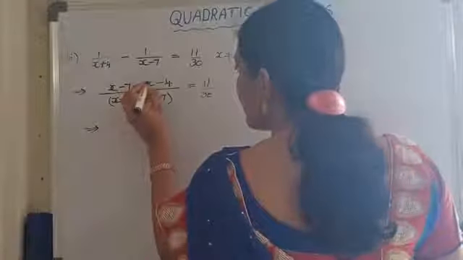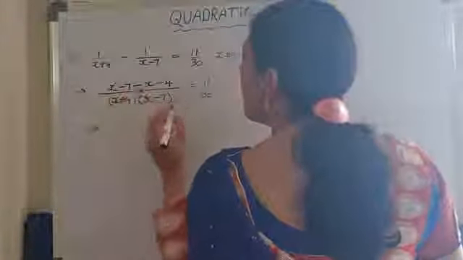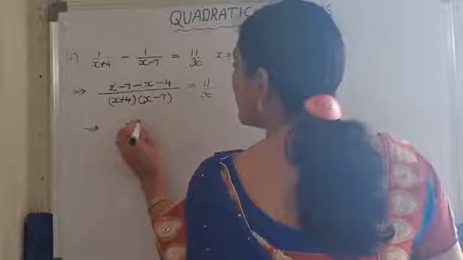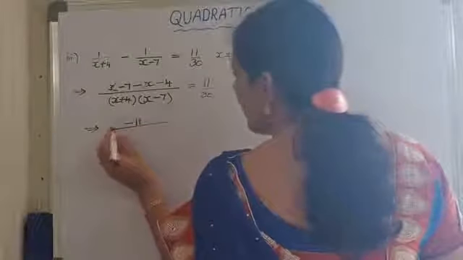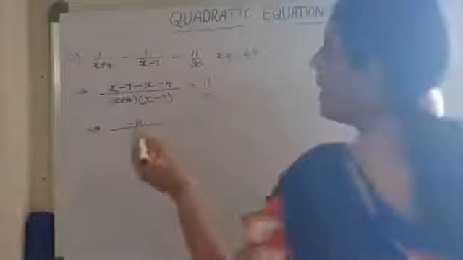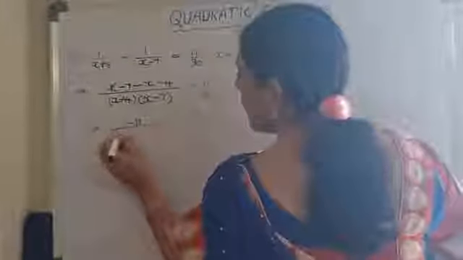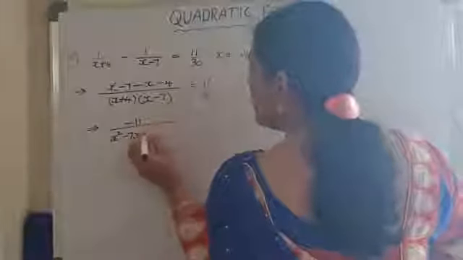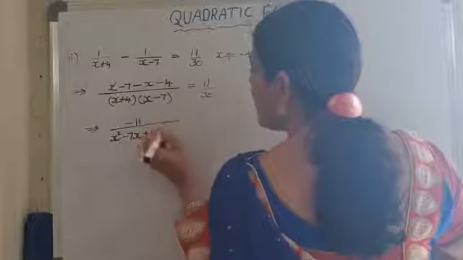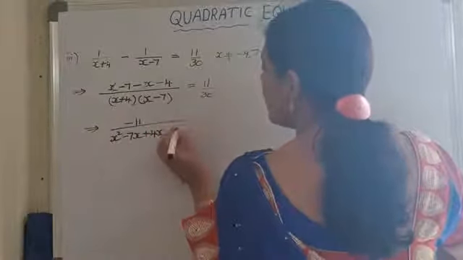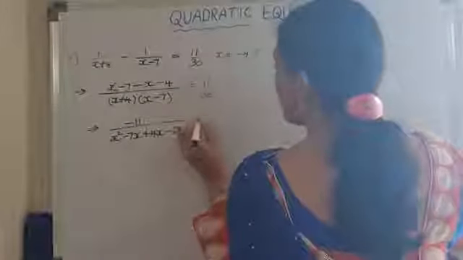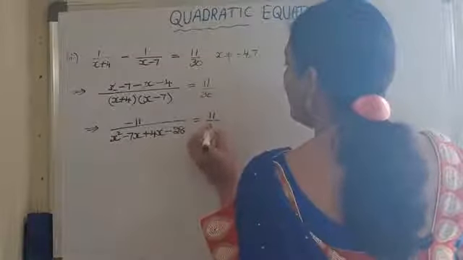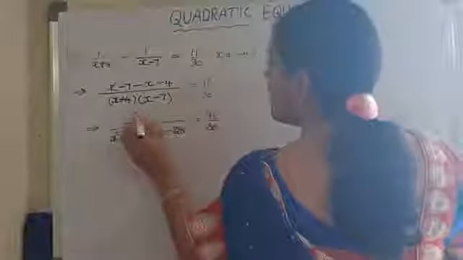See this, x and minus x get cancelled. Minus 7 minus 4 is equal to minus 11, over, multiply this out: x into x, x square, minus 7 into x, minus 7x, plus 4 into x, plus 4x, plus into minus, minus 4 7s are 28, is equal to 11/30. This 11 in this, one time it will go.